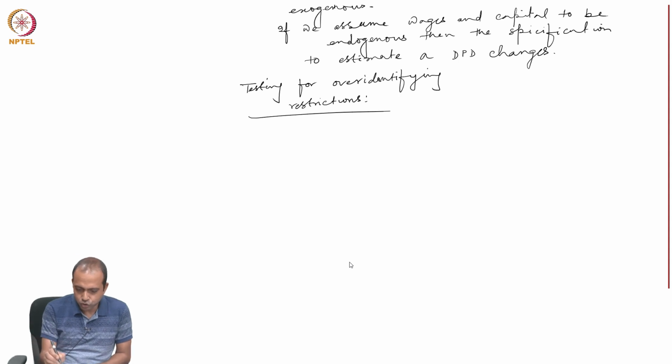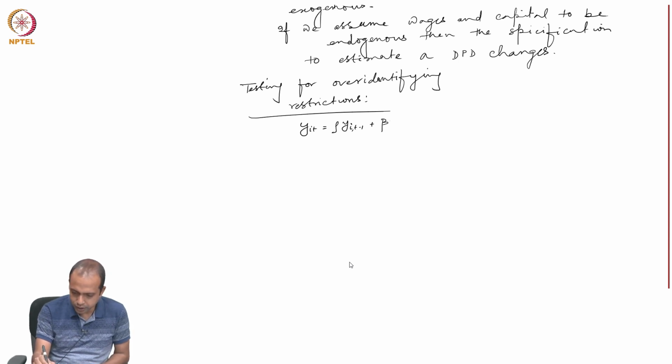Right. So, this is our model, y_it equals rho y_i,t-1 plus beta x_it plus a_i plus v_it.